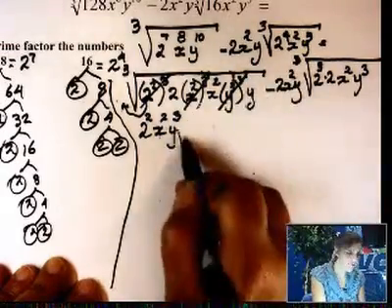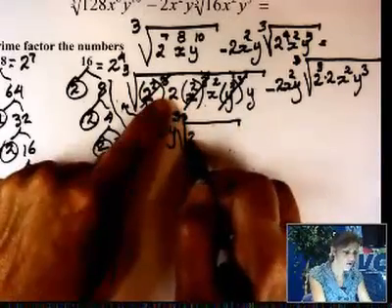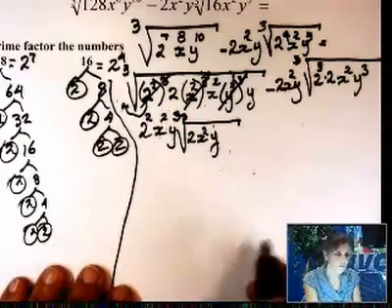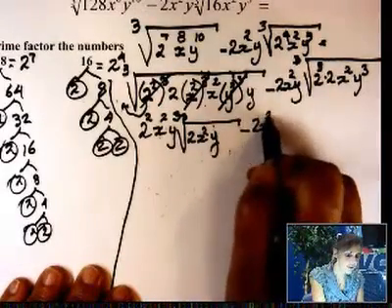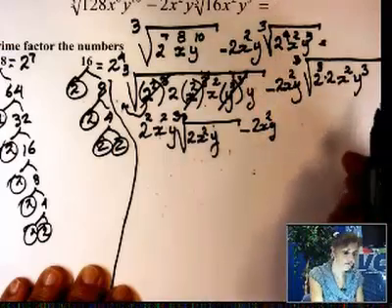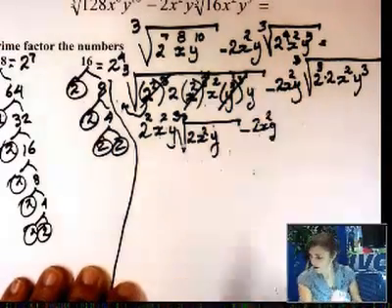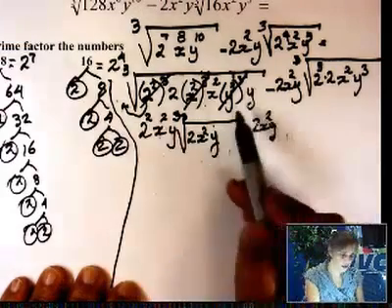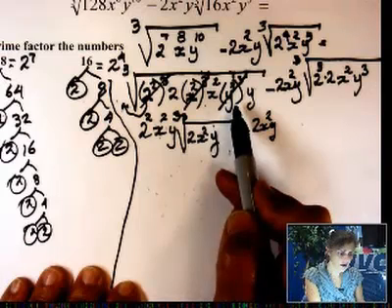And what do I have left? I have a 2x squared y. All right, so let's do the same thing with that one. Minus 2x squared y. And then I will have, okay, this is y cubed.